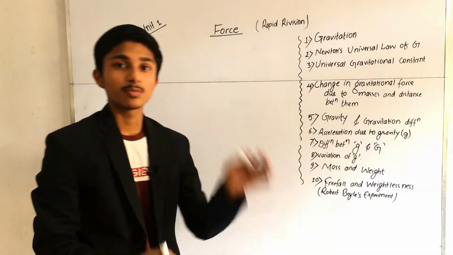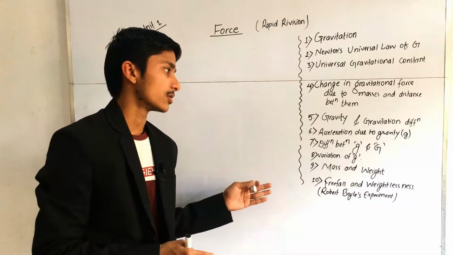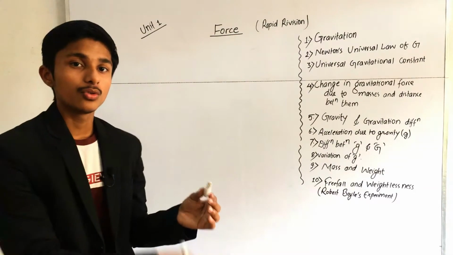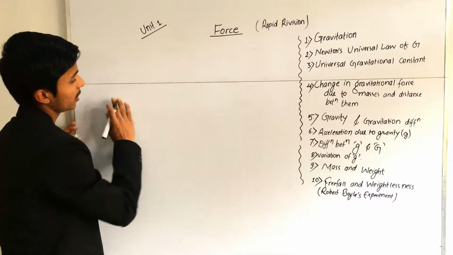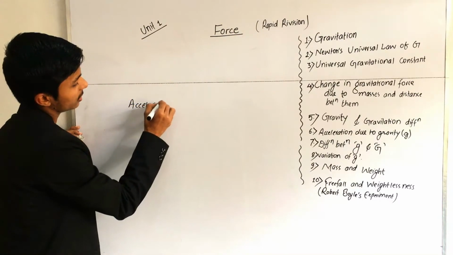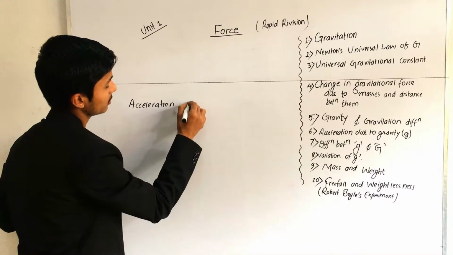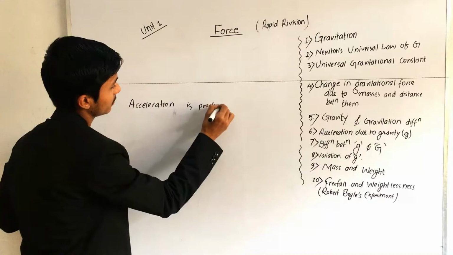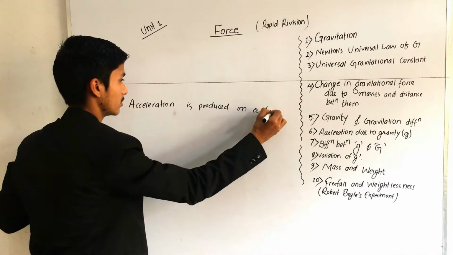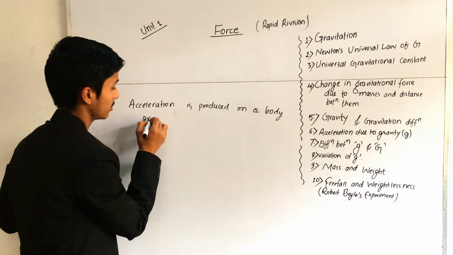This means its velocity also changes, and this change in velocity is called acceleration. So acceleration is produced on a body due to the force that is gravity.